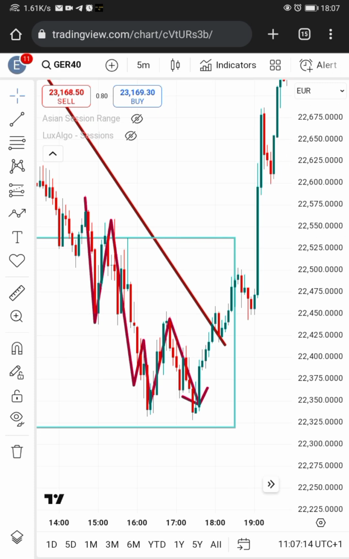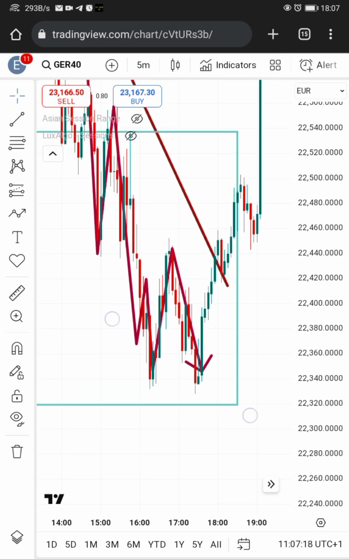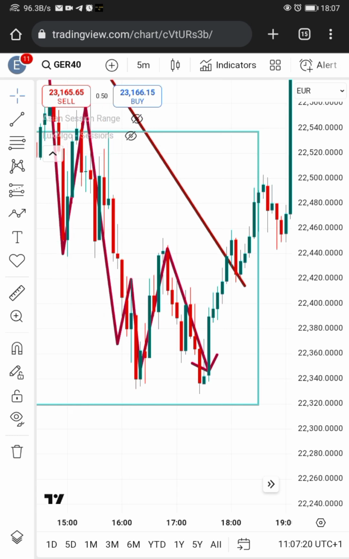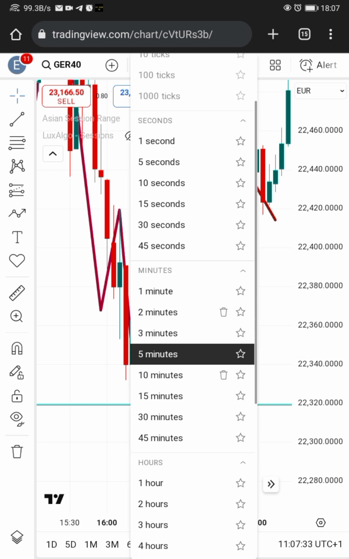So this is what happened yesterday. Returning back to this structure was where I wanted to take my trade. I had to move down to 1 minute.